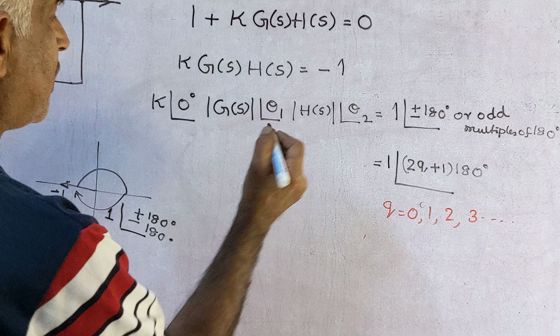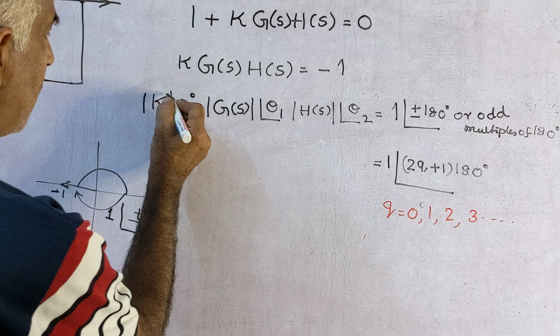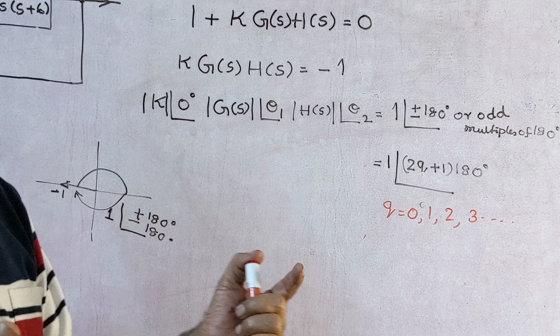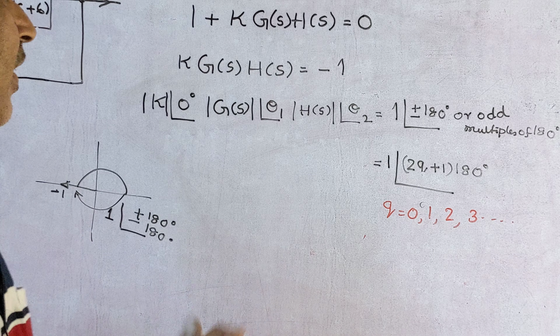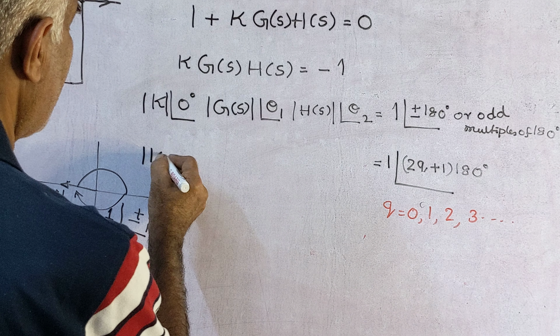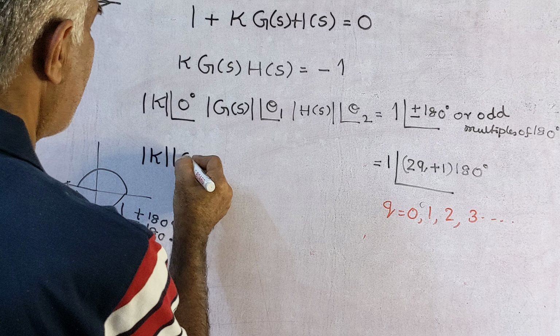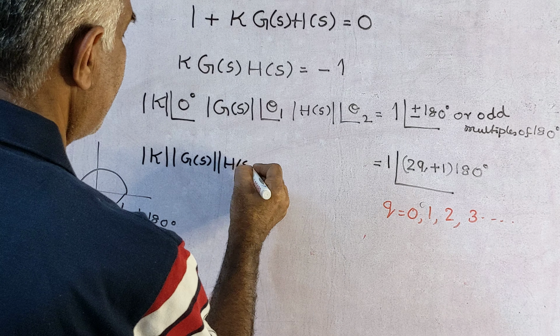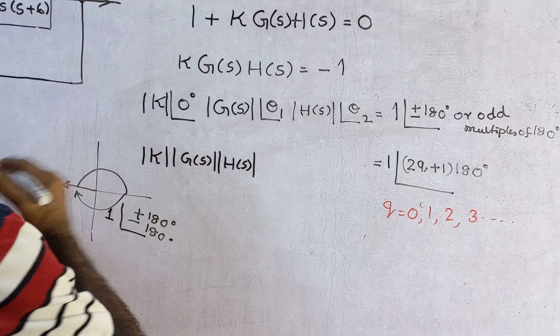Now from phasor algebra, this is mark A. From phasor algebra, we know that magnitudes are taken separately, angles, inclinations are taken separately. Therefore, mod K, mod GS, then mod HS, so separate magnitudes.